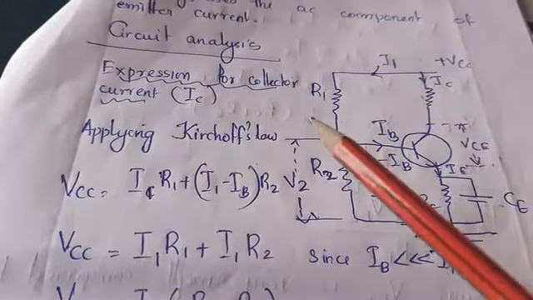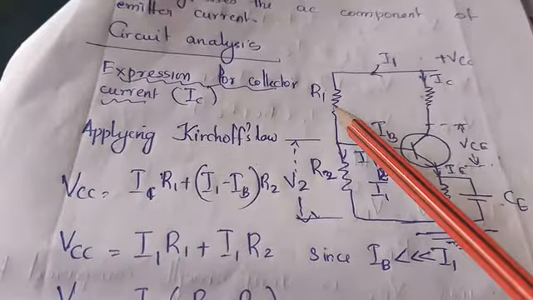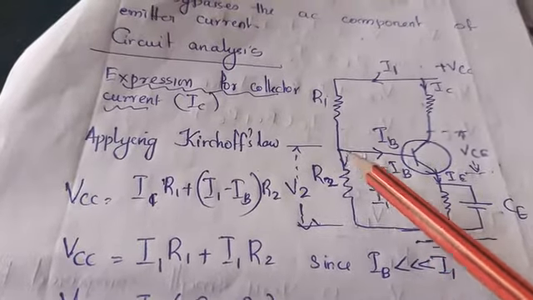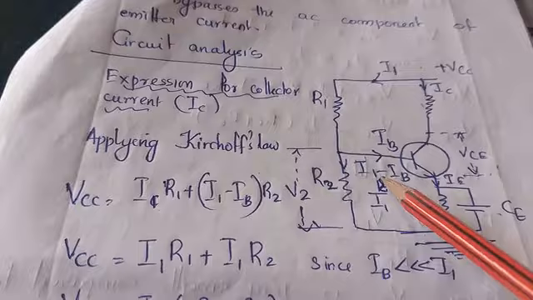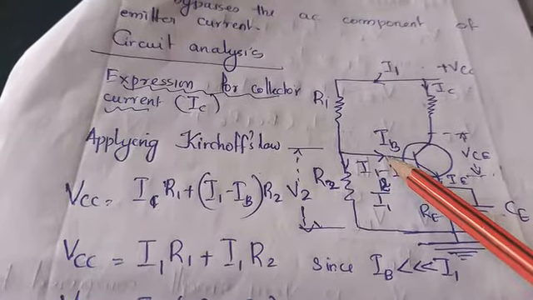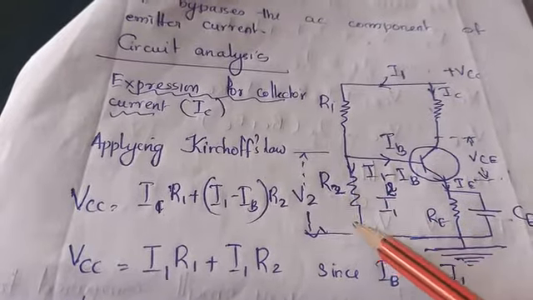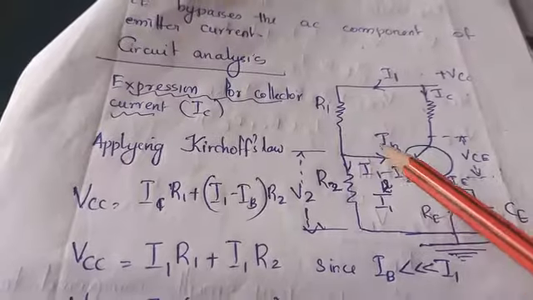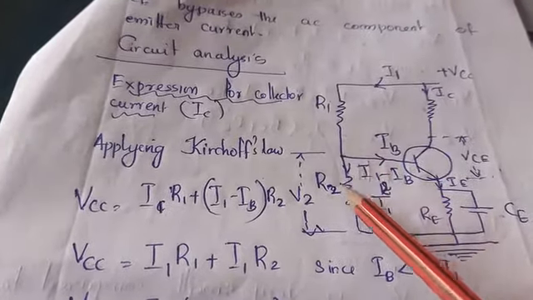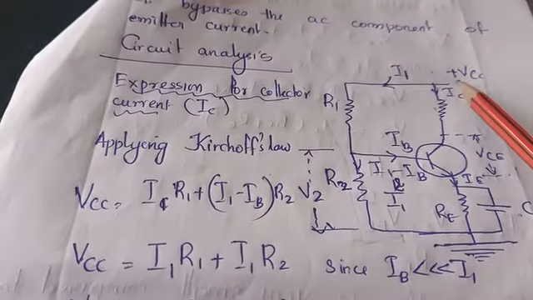Let us apply Kirchhoff's law. Here total current I1 passes through R1. At this point it gets divided into two, IB and I1 minus IB. But IB is very small, in the range of microamperes, hence we can neglect IB and therefore approximately I1 is flowing through R2 also. So applying Kirchhoff's law, let us consider this portion. Plus VCC is the supply voltage.